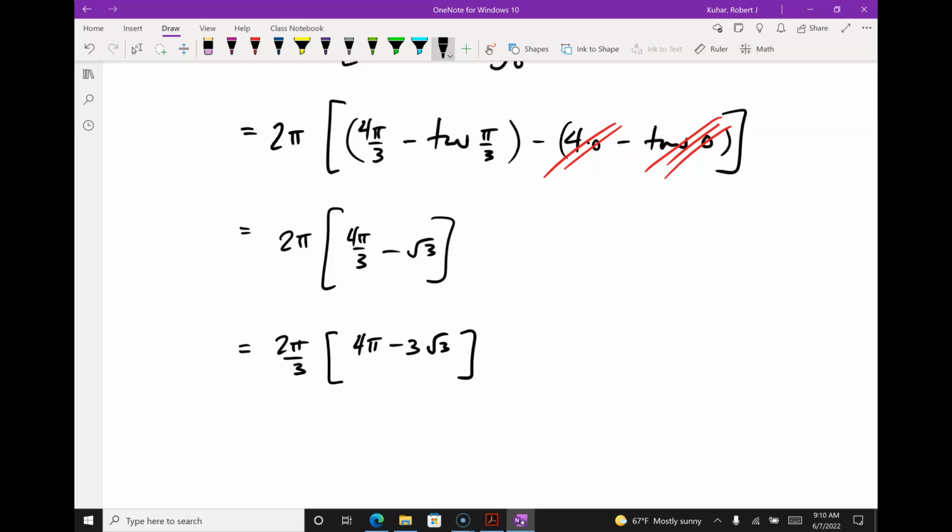Agreed? Tangent of pi over 3 is square root of 3? No? Yes? Thank you. 1/2. Thank you, yes.